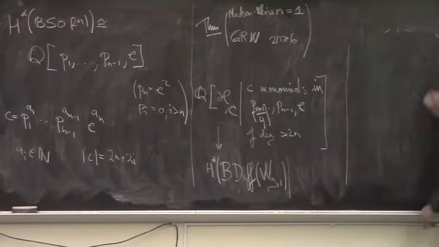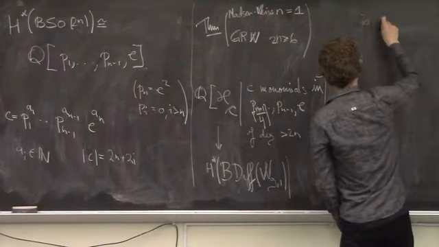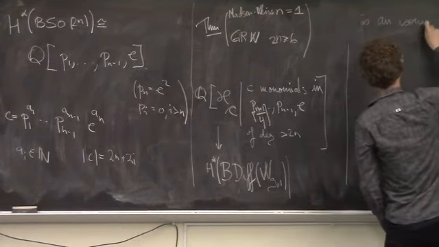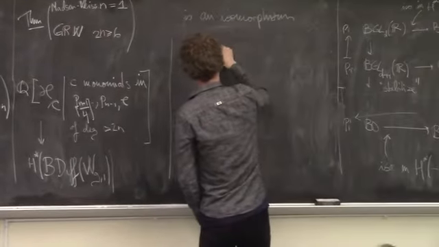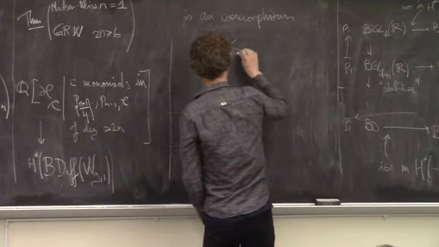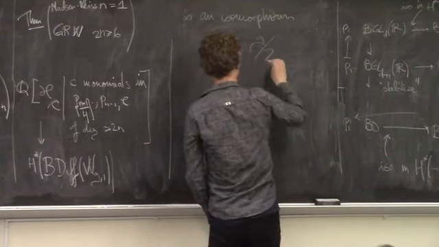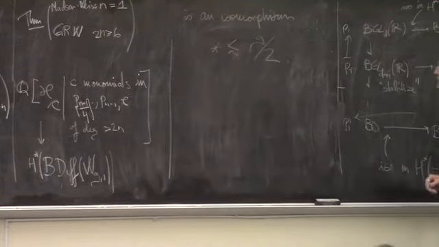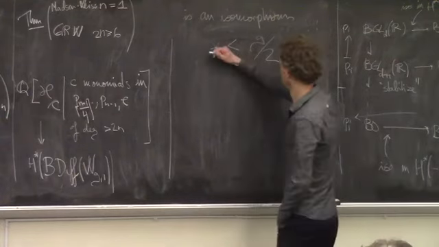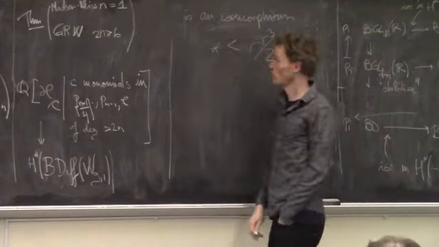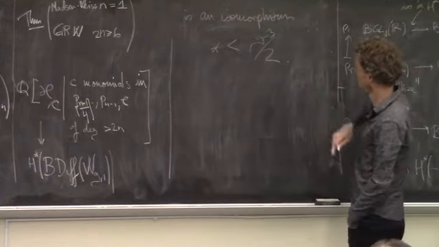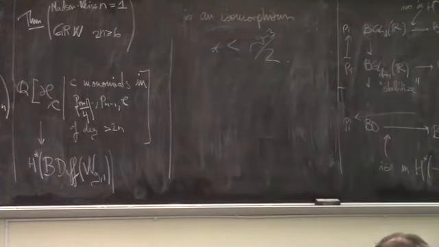And Oscar and I prove that it's an isomorphism in that range of degrees, roughly g over 2, or 3 over 2 in this case. In the surface case, it's a little bit better, g over 1.5. That's what we can prove.